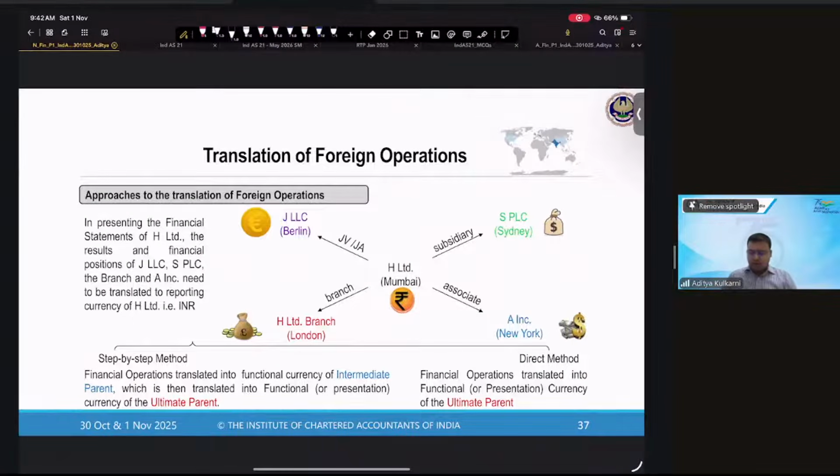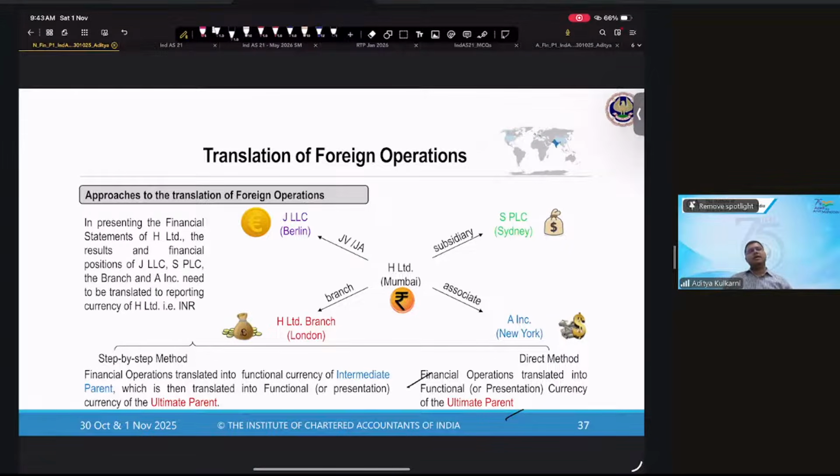Okay, so approaches to translation. How can I translate? I can translate directly from foreign currency to functional currency, or you can do it through an intermediate. If there is an intermediary parent, you can do a step-by-step translation.